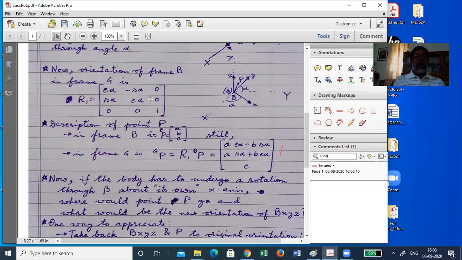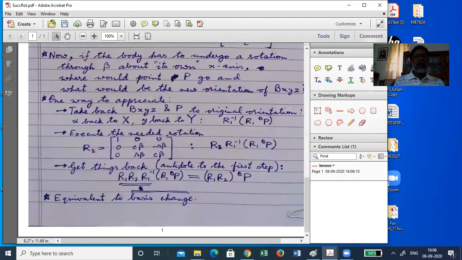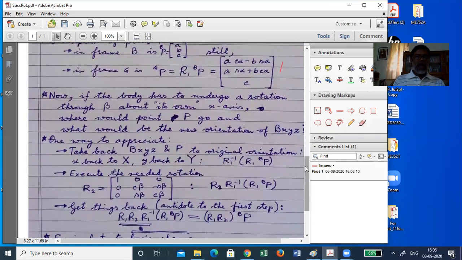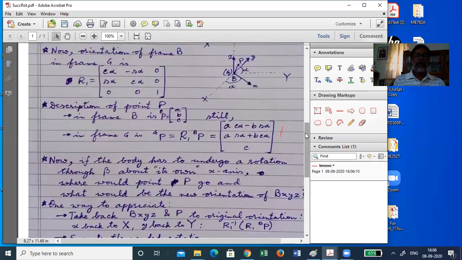Now, after this first rotation has taken place, suppose the body has to undergo another rotation through beta about its own x-axis. That is, now we are talking about successive rotations being described in the frame of the body which itself is rotating.